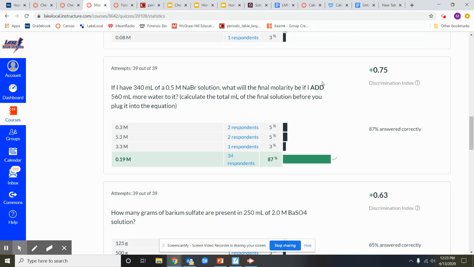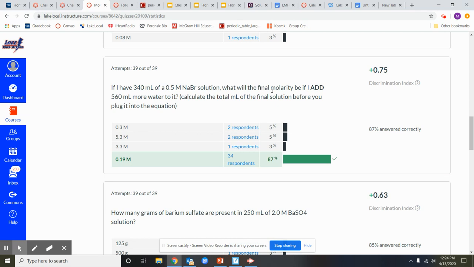Notice that add is in all caps because I'm not saying that my final volume is 560. I'm adding that to 340. So my final volume is not 560, it's 900, because you need to add your initial volume and the 560. So you should have 340 times 0.5 equals M2, which is what I'm solving for, times 900.